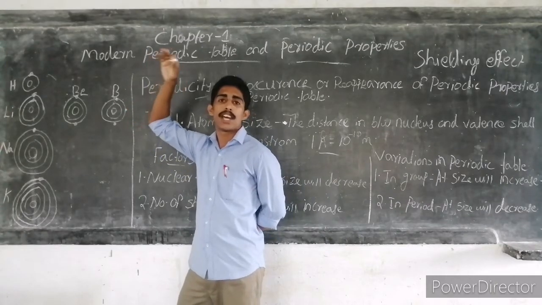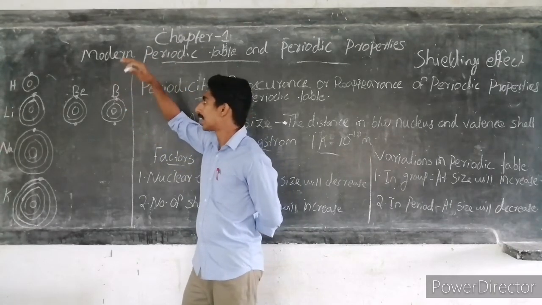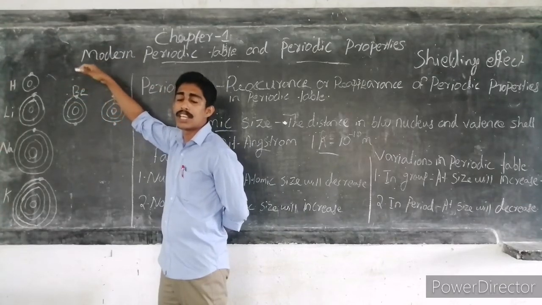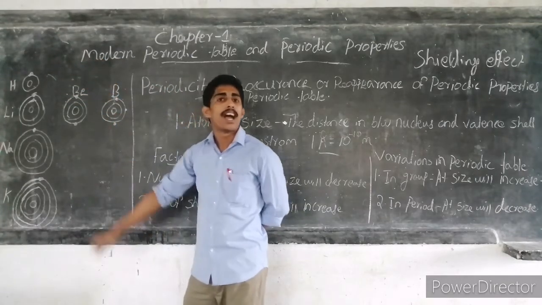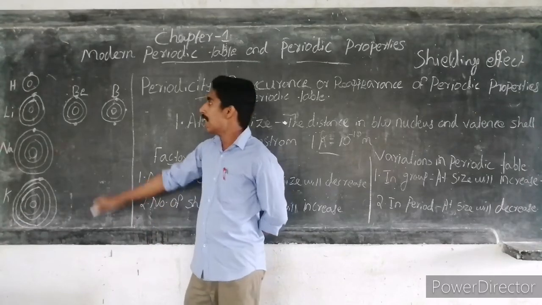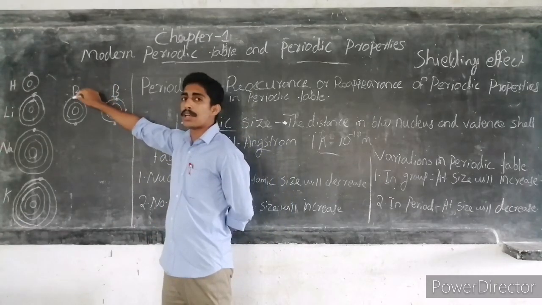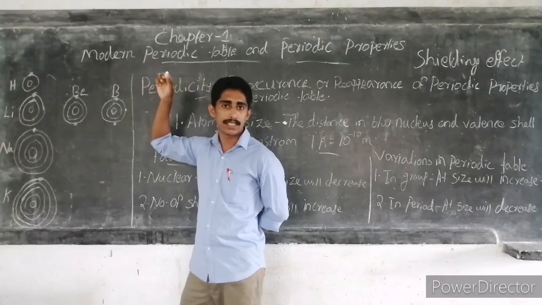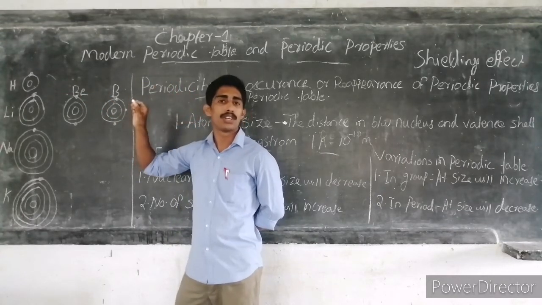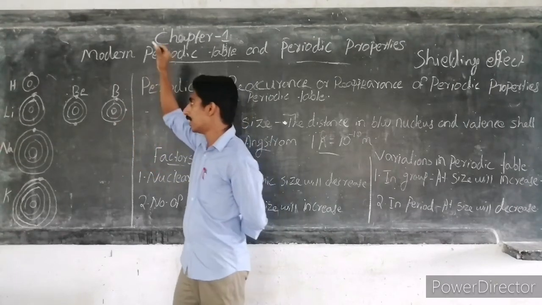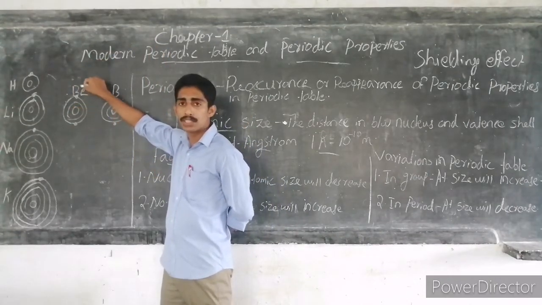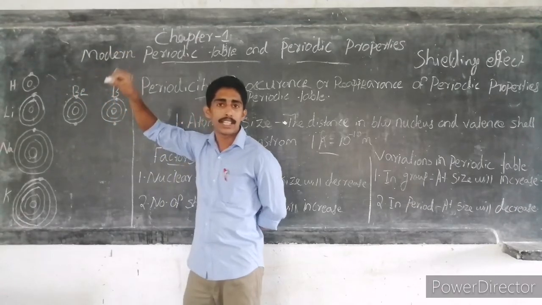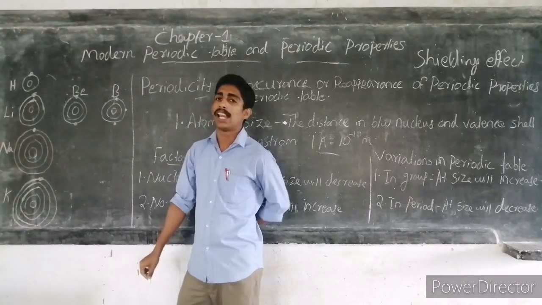The electrons which are coming newly are entering the same valence shell, the same outermost shell. If the number of electrons increases, the number of protons also increases, because the number of protons is equal to the number of electrons.